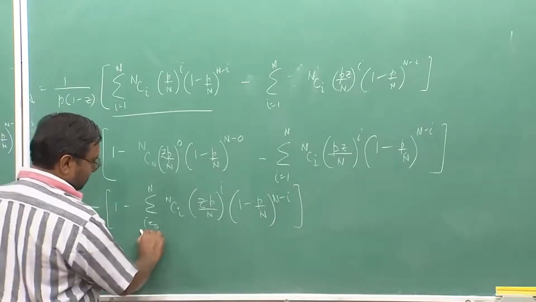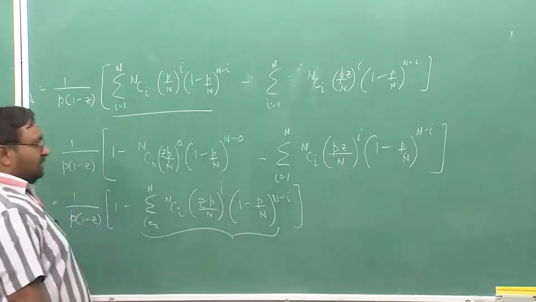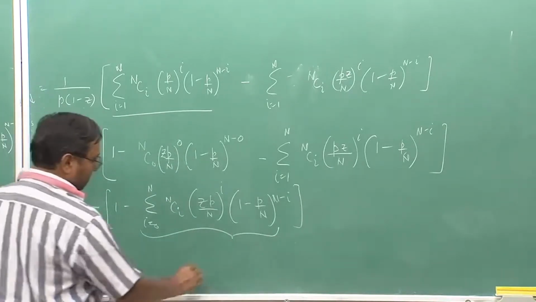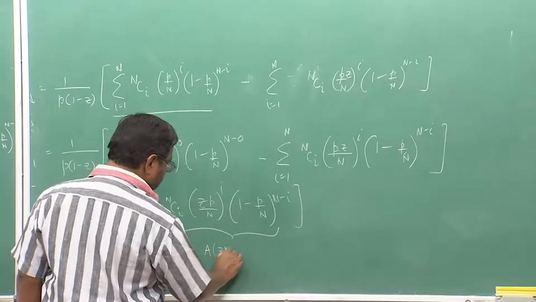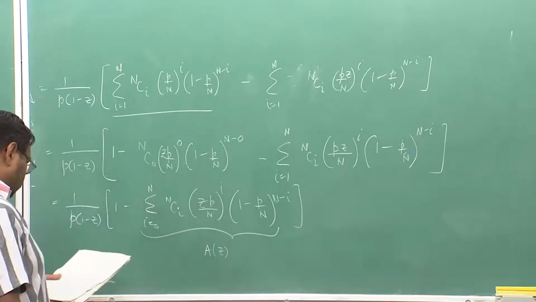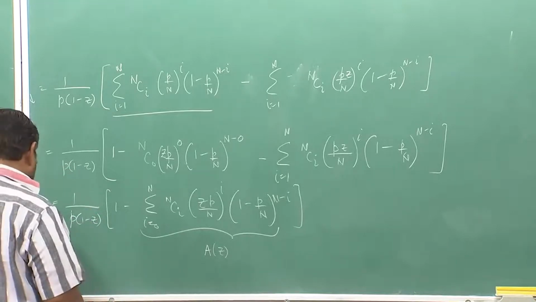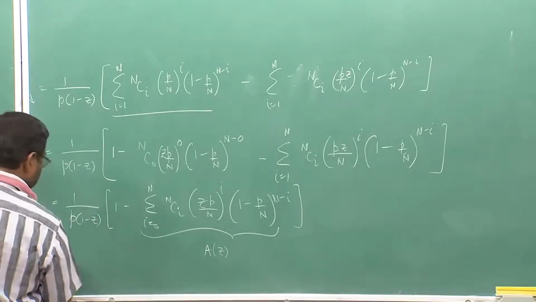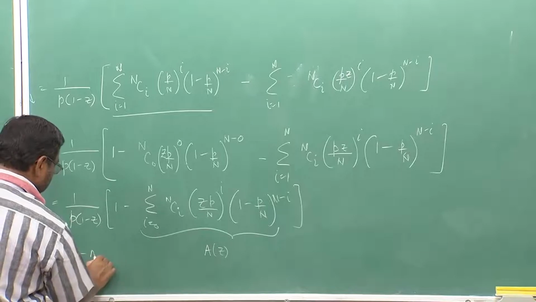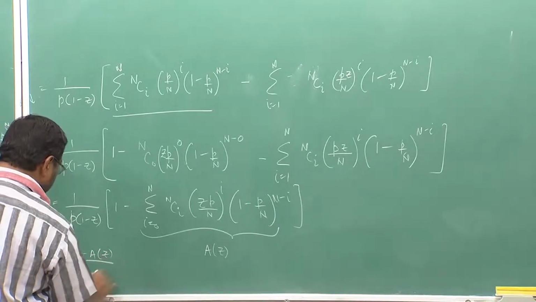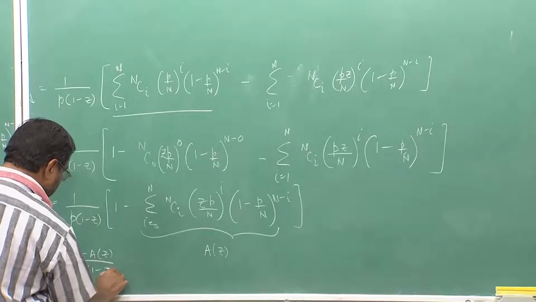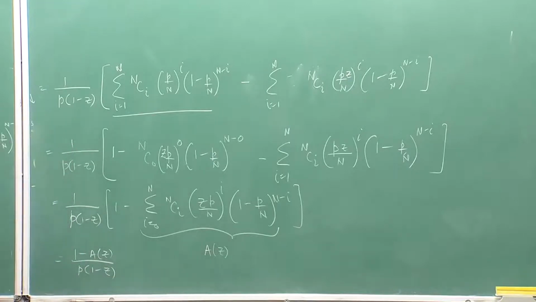And this term is nothing but Az. So we can write this thing as 1 minus A of z divided by P 1 minus of z. So that will be your W2z actually.